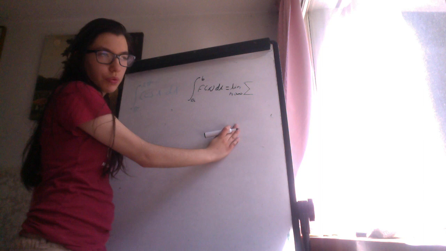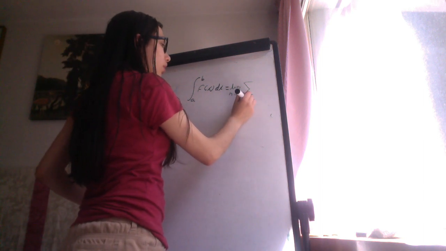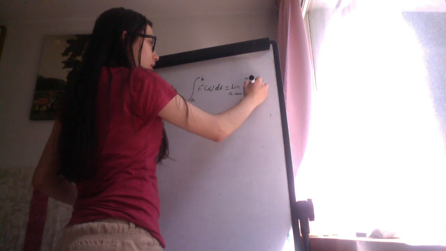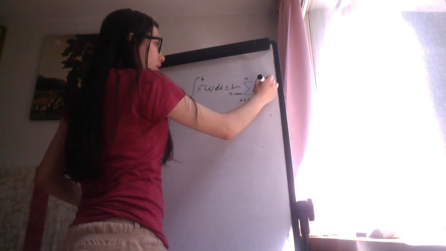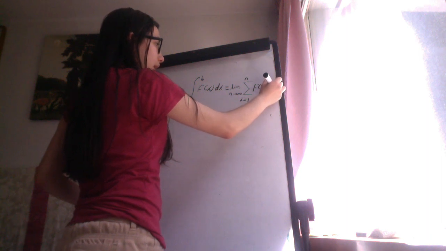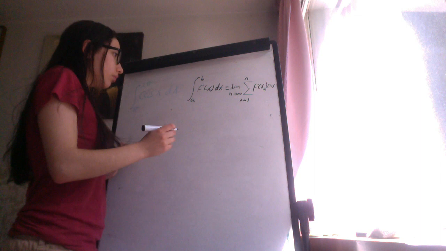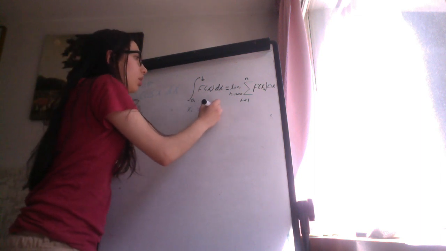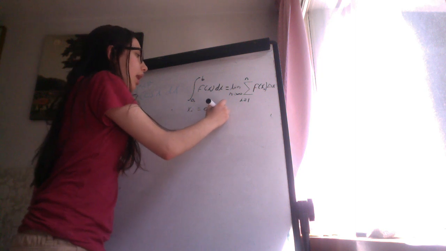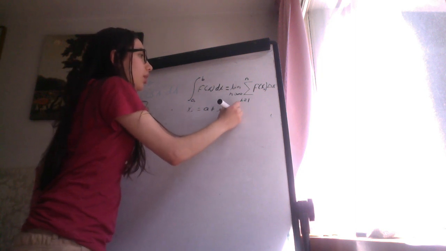If we're talking about the right Riemann sum, it will be the summation from i equals 1 to n of f of x sub i delta x. Now, x sub i is equal to a plus i times delta x.